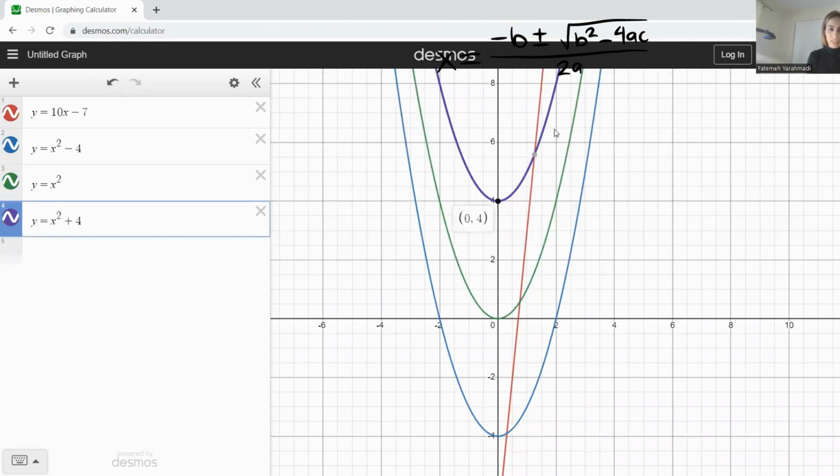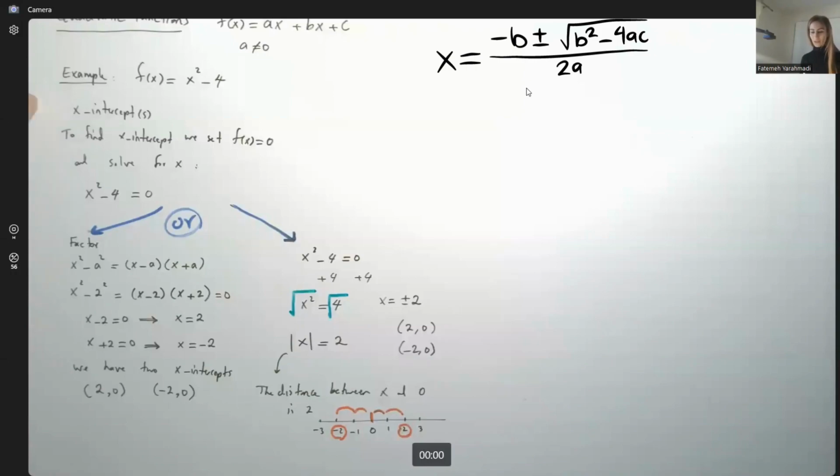This graph is completely above the x-axis. There is no intersection between this graph and the x-axis. So each graph has a different behavior. Make sure to do the algebra and definitely visualize this so the visualization supports your algebra. Now for y-intercept.